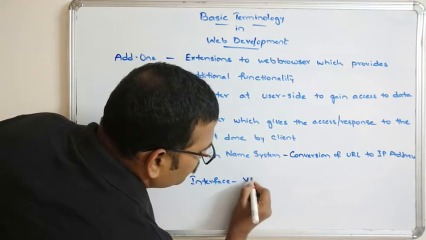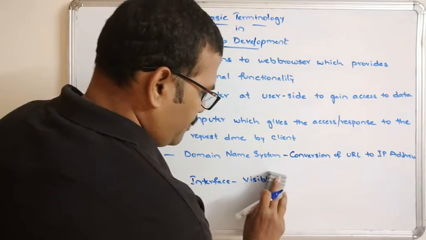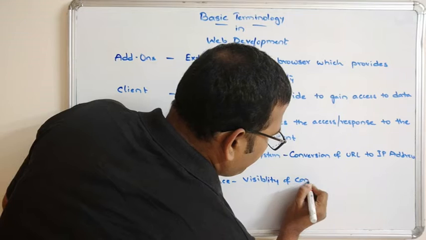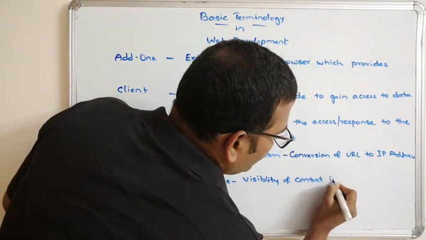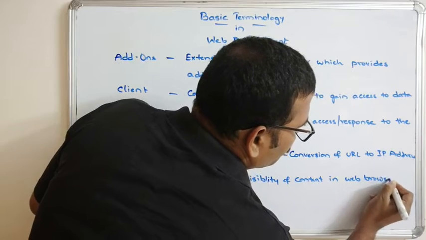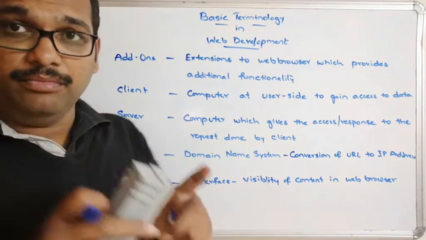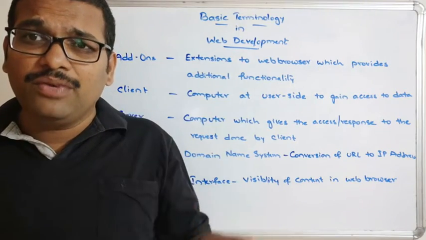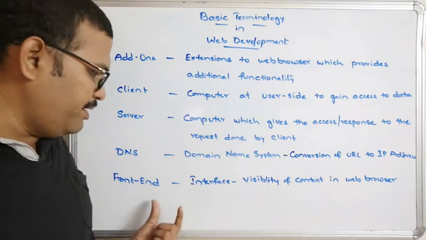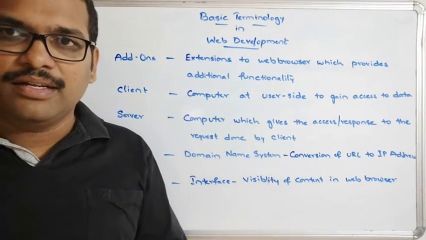That means the visibility of content in the web browser is called a front end, right? Whatever we are watching in our web browser, that is called the front end, right? Here we are supposed to give inputs to the server.